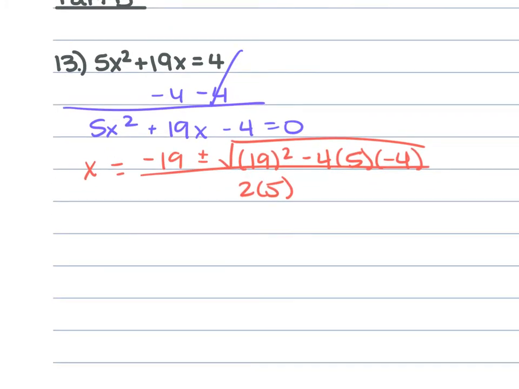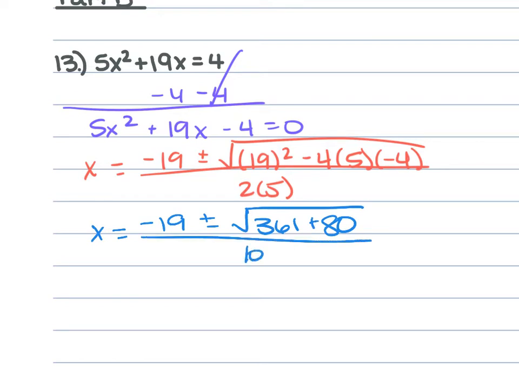So 19 squared is 361. So x is equal to negative 19 plus or minus the square root of 361 minus 4 times 5, which is 20, times the 4 gives us a positive 80, all over 10.